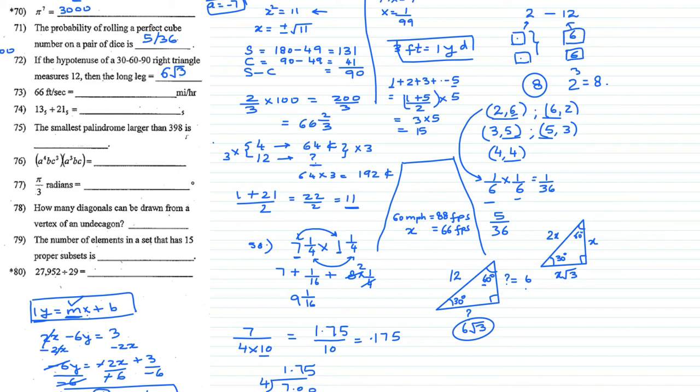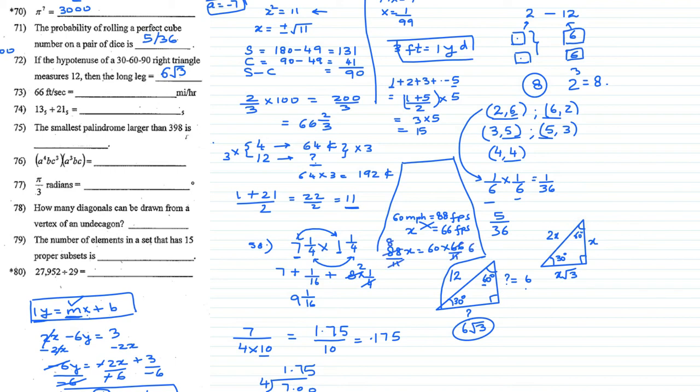So one way to do this is to cross multiply. So x times 88 and 66 times 60. So what we get over here is 88x is equal to 60 times 66. So now we can divide both sides by 11.